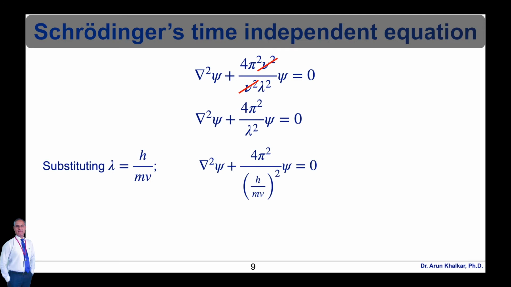We can write the above equation as ∇²ψ + 4π²/(h/mv)² × ψ = 0. So rearranging this equation, we can write ∇²ψ + 4π²m²v²/h² × ψ = 0. Let's say this is equation number 9.